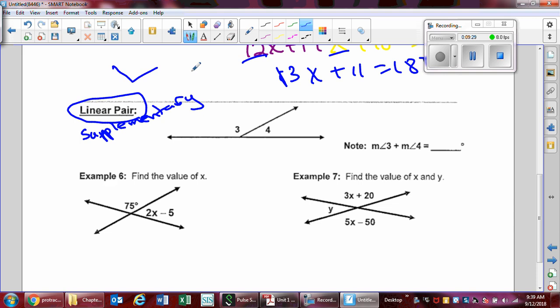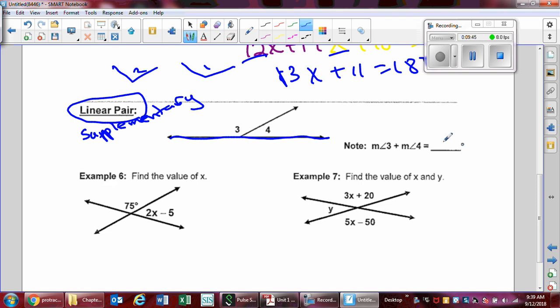I can have one angle this way, another angle, as long as angle 1 and angle 2 add up to 180, it works. For linear, they have to be connected. That's the big difference. They have to be on a straight line, connecting.